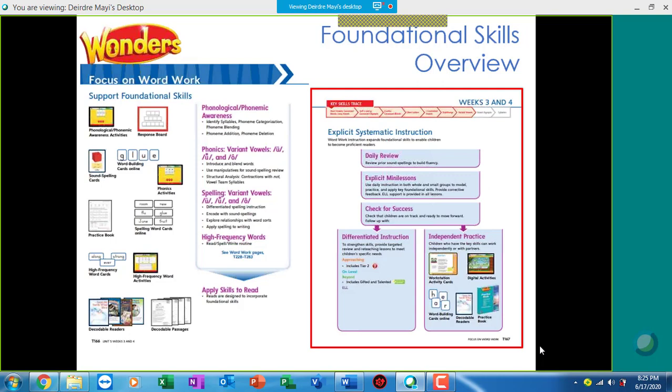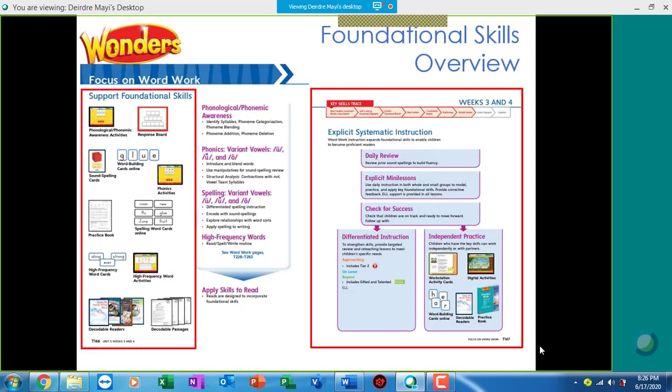Remember, I noted at the beginning of our time together that there is a components list that resides inside of that bit.ly link. You will see the resources that you will receive in print, and many of them are for foundational skills support. Of course, if you look on the left side of the screen, you'll see that some of this content is online content.